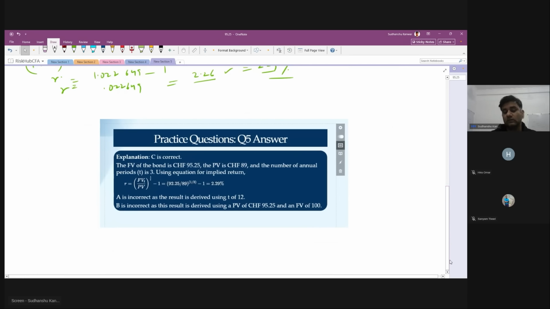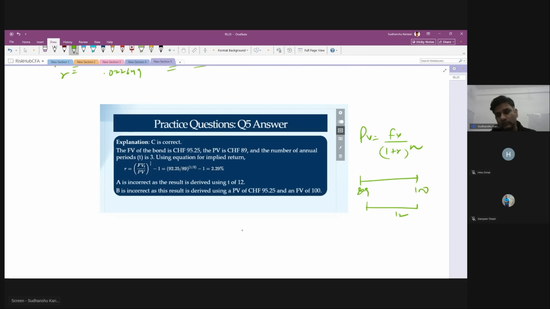If I take the same thing, your present value is equal to your FV, and in between I take nothing. I take only 89, 100, and 12 years, right? So 89 is equal to 100 over 1 plus R to the power T, where T is 12.